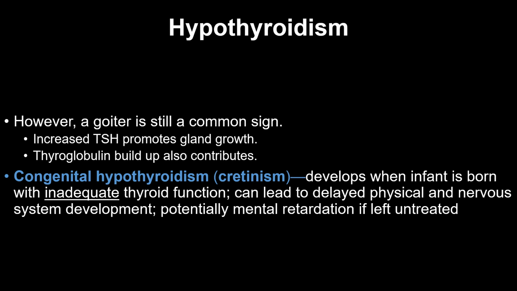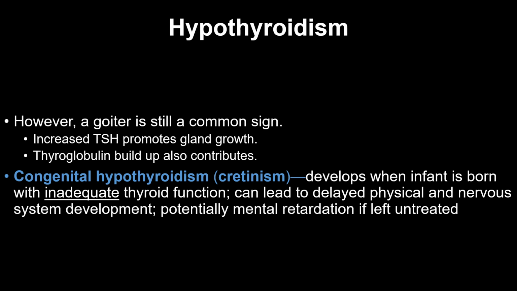And so treatment of hypothyroidism really depends on the cause. Iodine deficiency typically resolves with iodine supplementation. Hashimoto thyroiditis has no cure, but it can be easily treated with thyroid hormone supplementation for the remainder of that patient's life. Now, there is a special variant of hypothyroidism called congenital hypothyroidism, formerly known as cretinism.